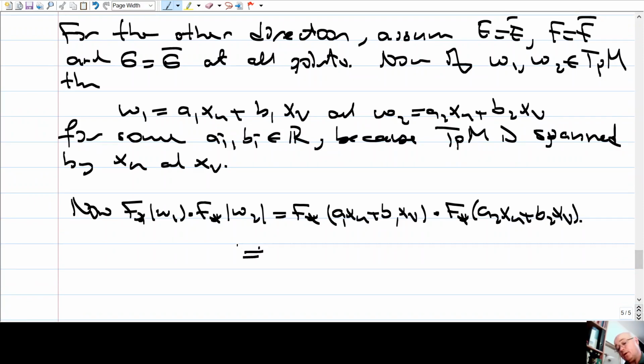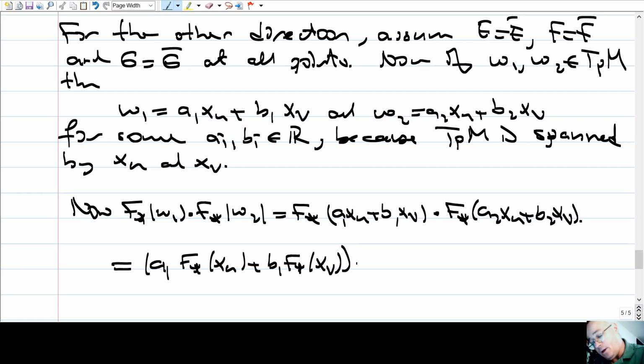However, f star is a linear map, so I can write it this way. This is just a1 times f star x sub u plus b1 times f star x sub v, dot product a2 times f star x sub u plus b2 times f star x sub v.